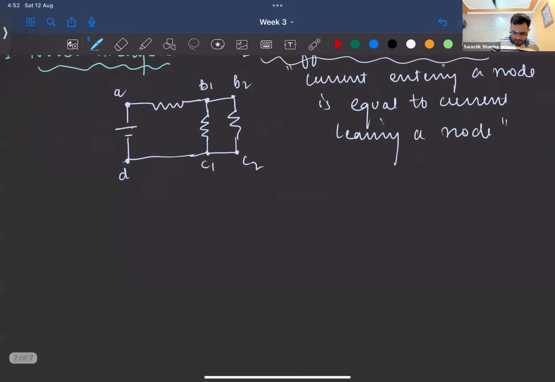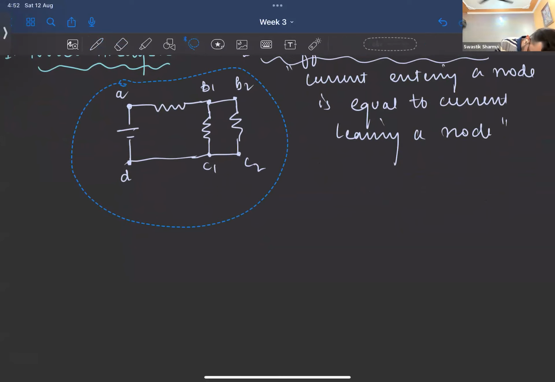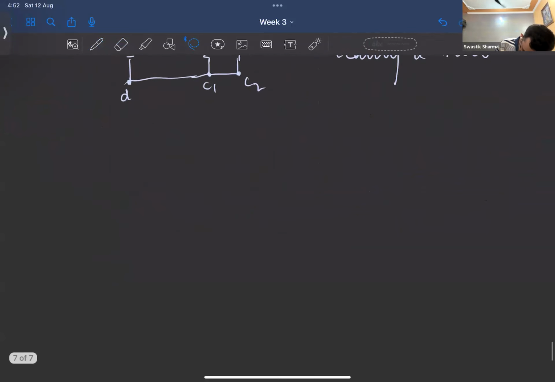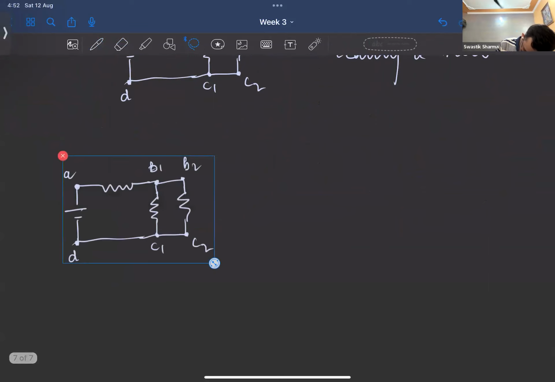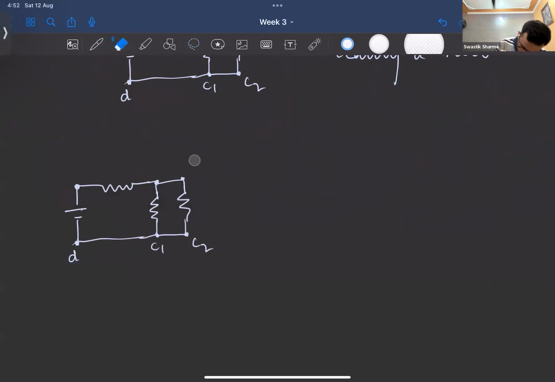So let's draw a circuit and I'll tell. Let's consider the circuit only. Let me write. So what is the main aim we require from nodes?